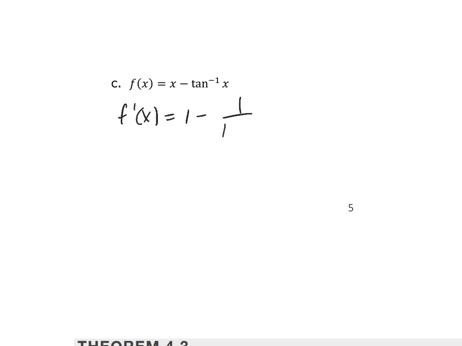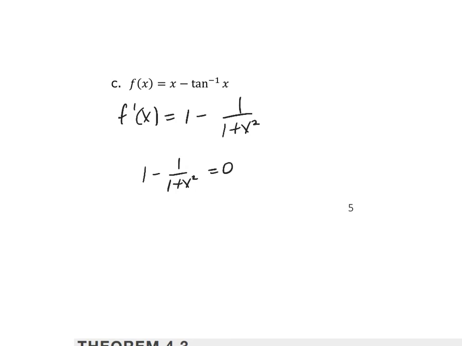First thing I do is find the derivative. Now I set this equal to 0 and solve. So 1 minus 1 over 1 plus x squared is equal to 0.